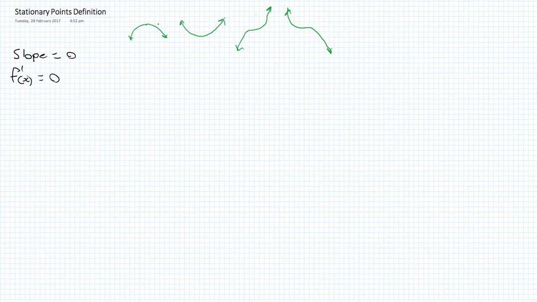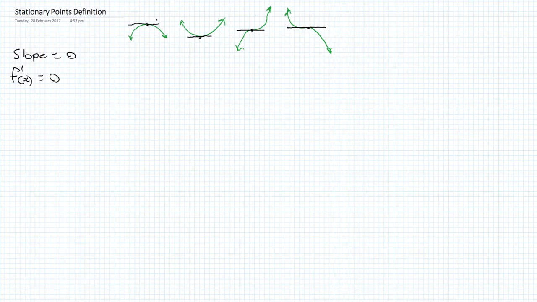So you can see that there'd be a point there, somewhere there, somewhere probably around about here, and somewhere about here. So each of these four functions has what we call a stationary point.